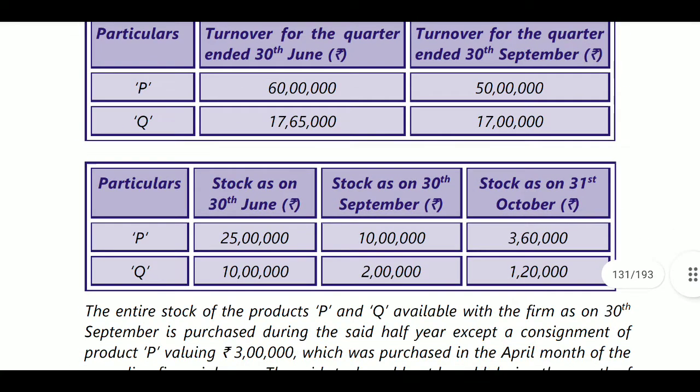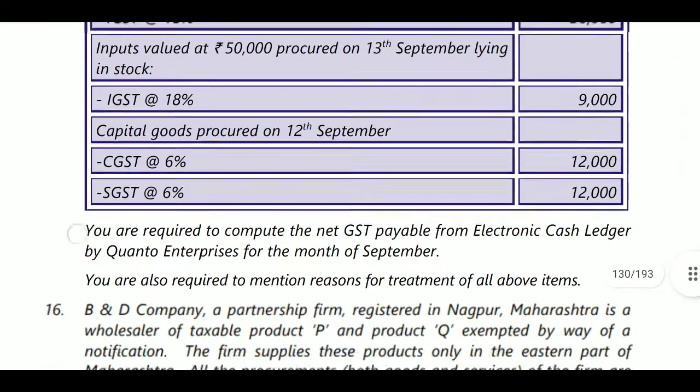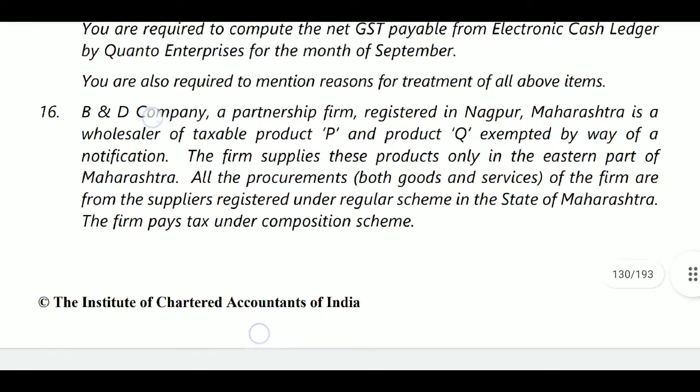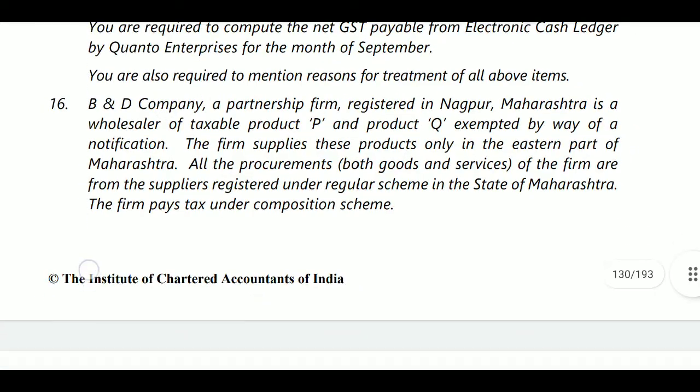Stock as on 30 June and stock as on 30 September, and stock as on 31st October: 3 lakh 60, 1 lakh 20. So here this person is a composition person, paying tax under the composition scheme.